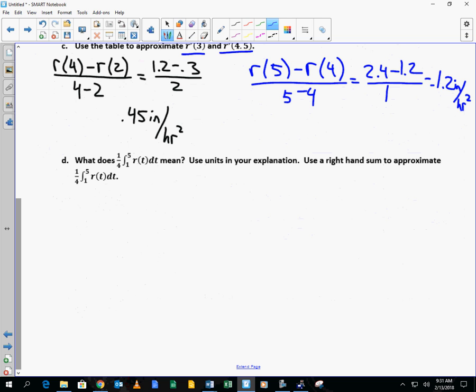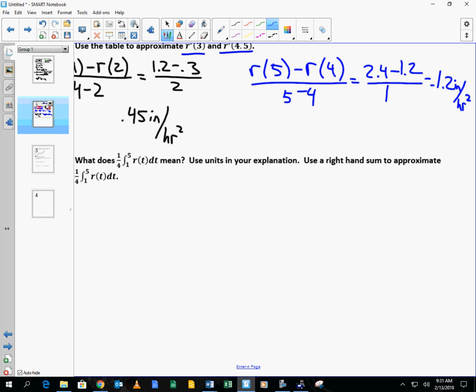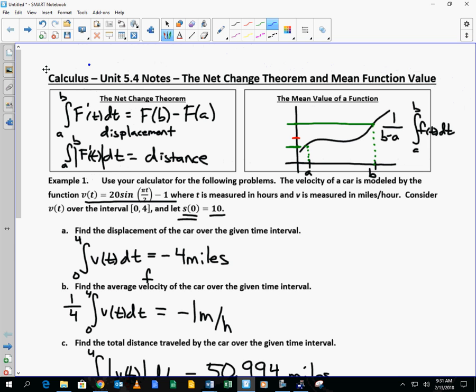Okay, last question before we move on to the last part. Look at this question. It says, what does 1/4 integral 1 to 5 of R(t) dt mean? The average what? The mean value of the function. What is the function in this problem? Does the function tell us the amount of snow or the rate of the snow?